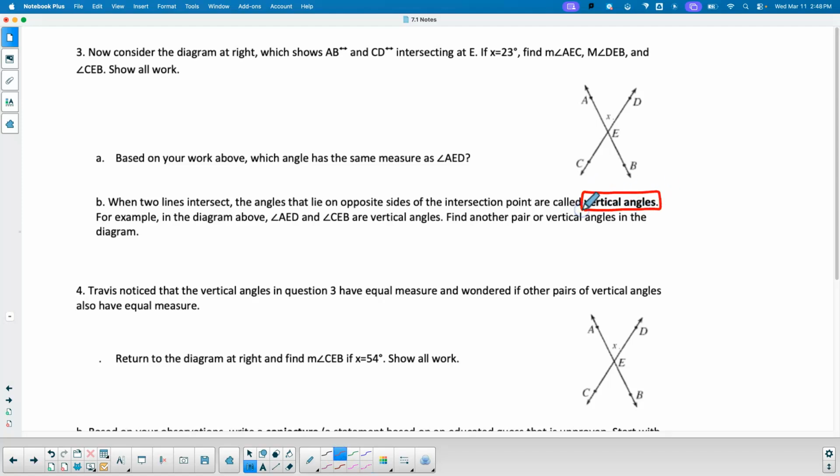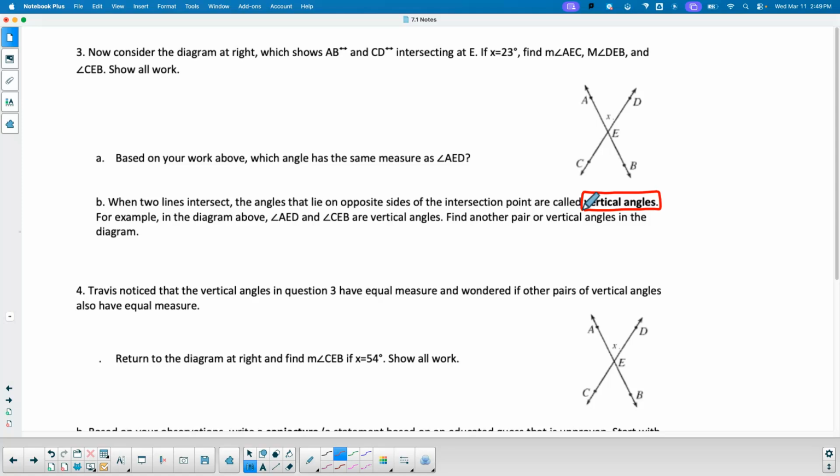Vertical angles make an X. I know, I wish I could say it makes a V, but vertical angles make an X. So this angle here is equal to that angle.